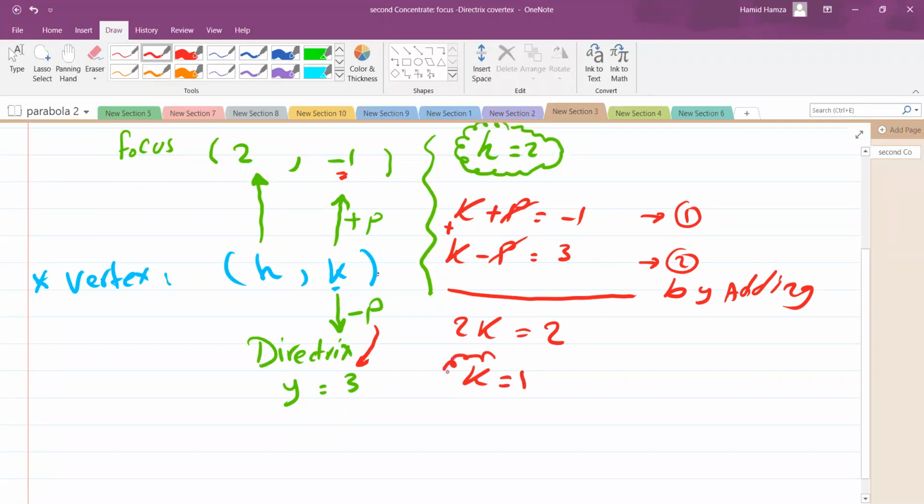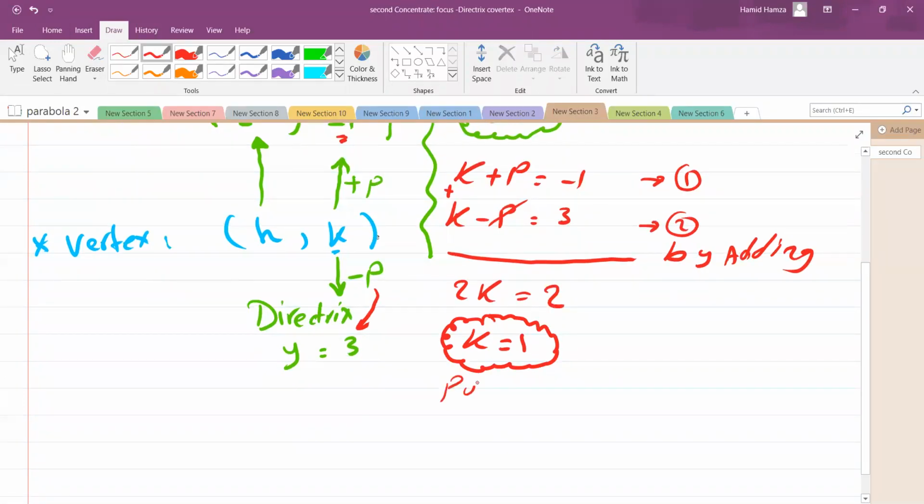So I got the second character, which is K. What about B? We will go back to one of these two equations and substitute the value of K in equation 1 or equation 2, it's up to you.